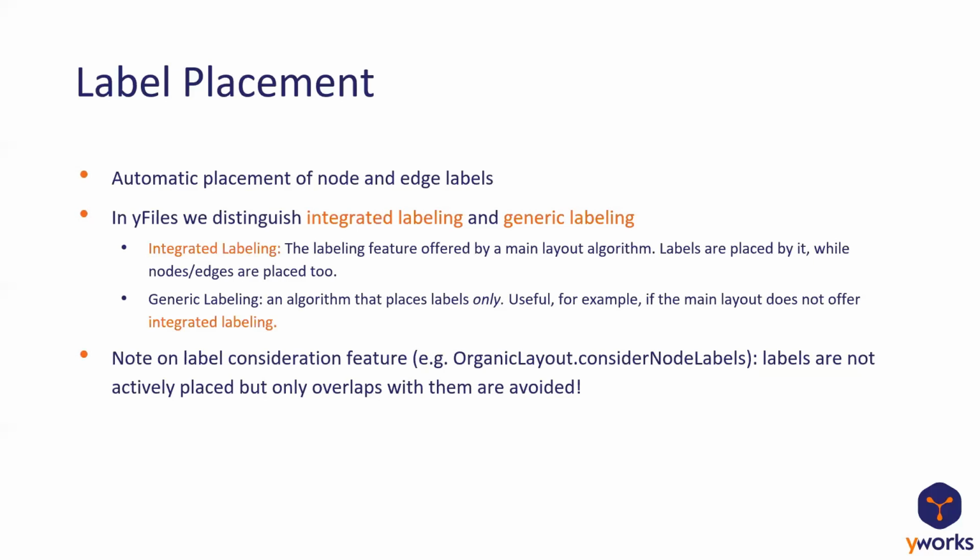And that's very useful, for example, if the main layout style, or some custom style that you have, or manually placed nodes have no integrated labeling, then you can use the generic labeling as a post-processing to distribute your labels. That has the disadvantage that, of course, it might be that the elements are arranged in such a way that it cannot find a position without overlaps, so it cannot move away other nodes to make space.